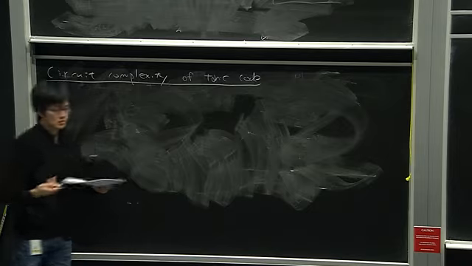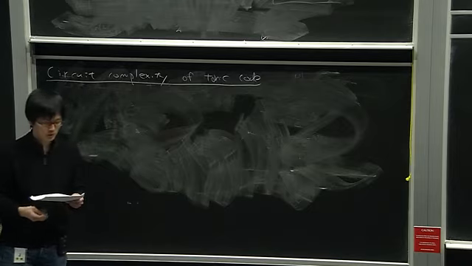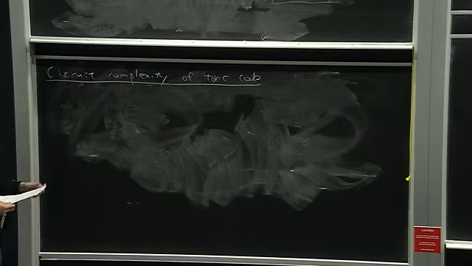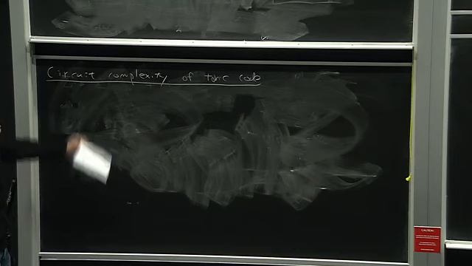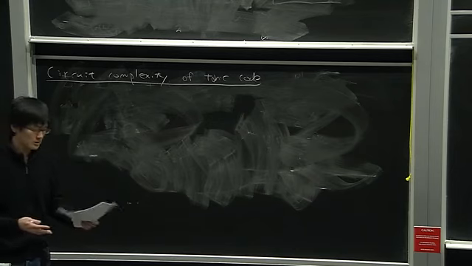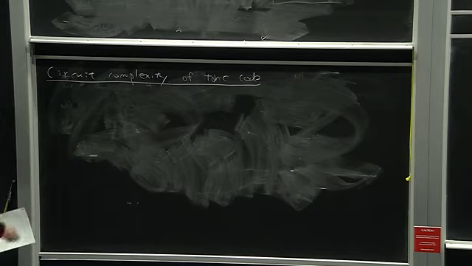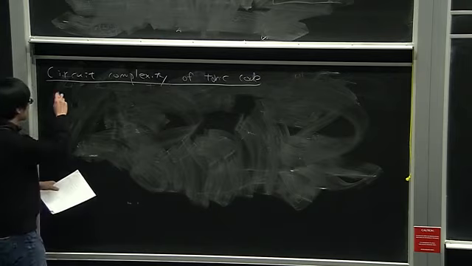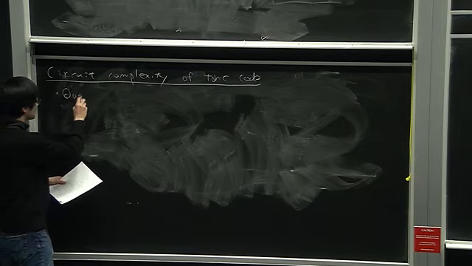But let me just give you at least one physical motivation why we should care about circuit complexity of the toric code. So toric code is, roughly speaking, related to what we call the topological phases of matter. But when we say phases of matter, what does it mean? So it's quantum phase.